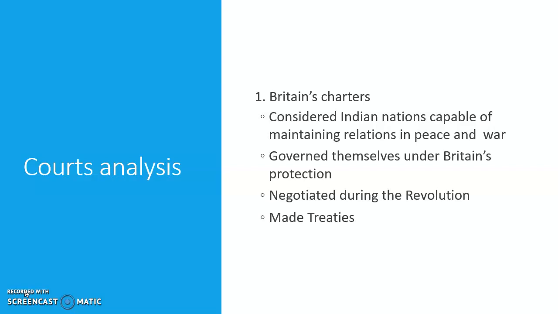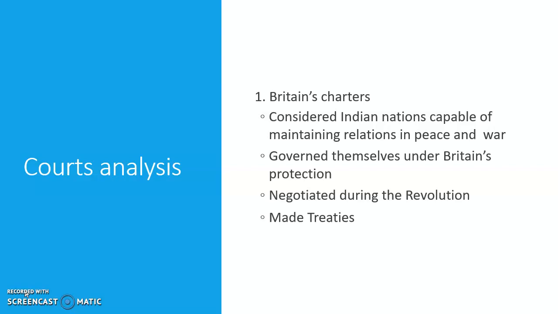So in the court's analysis in this one, they go back to Britain's charters. They consider what Britain, as one of the founding people to make treaties with Indians, what was their intention when they made those treaties? Well, the very act of making treaties shows the court that Indian nations were capable of maintaining relations in peace and war.